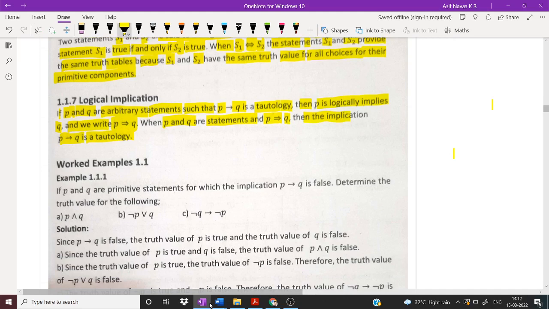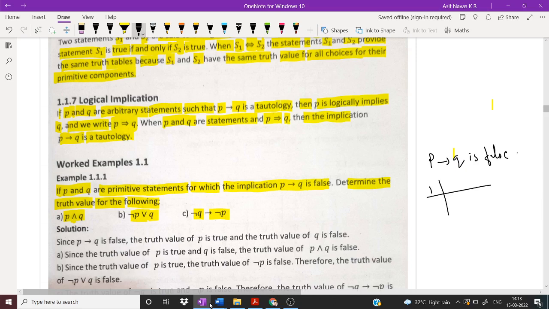The first one is: if P and Q are primitive statements for which the implication P implies Q is false, determine the truth values for the following: P conjunction Q, negation P disjunction Q, and negation Q implies negation P. For that, we are given P implies Q is false.